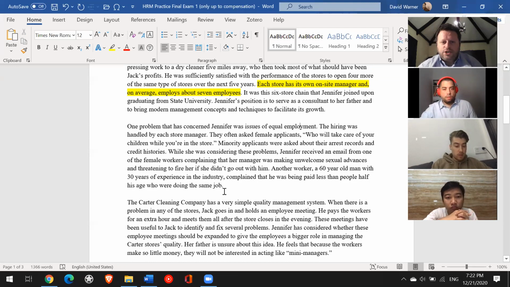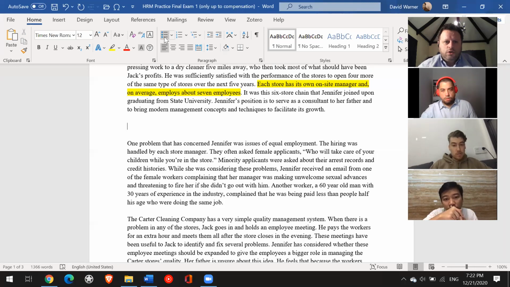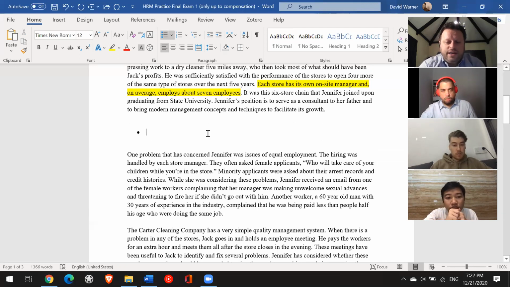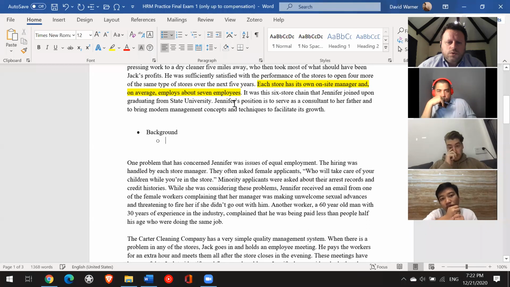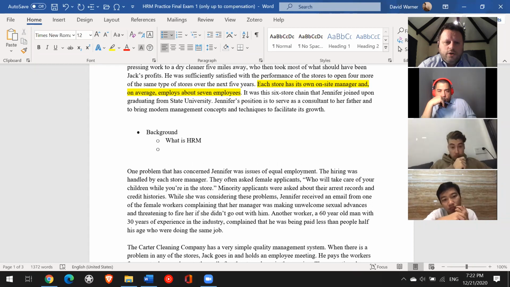So before I discuss these issues, I might start by giving a background. What is HRM? You know, maybe what is the organizational iceberg?